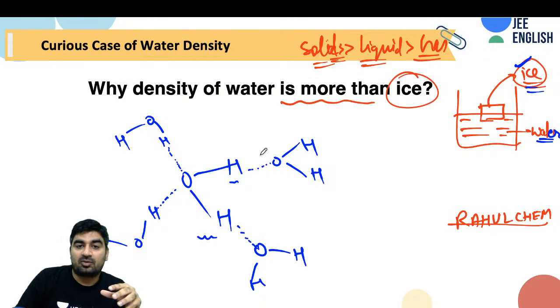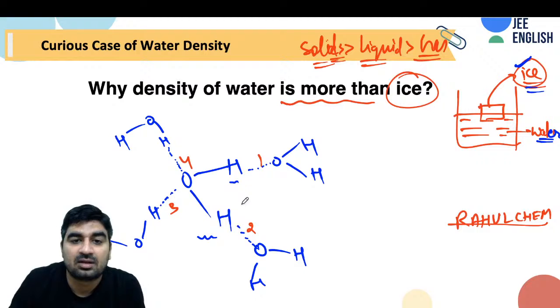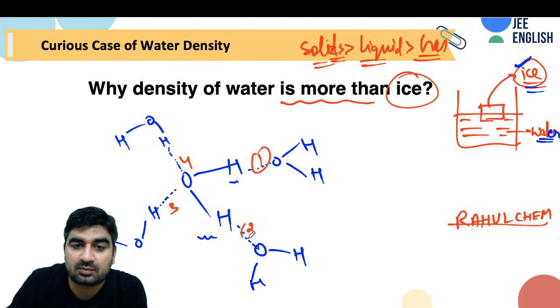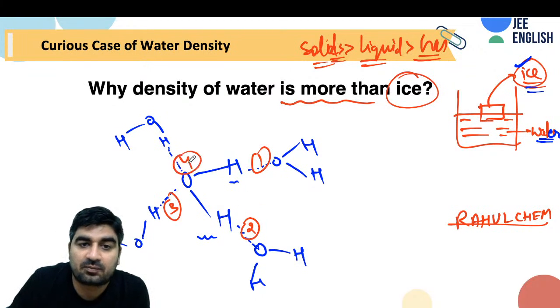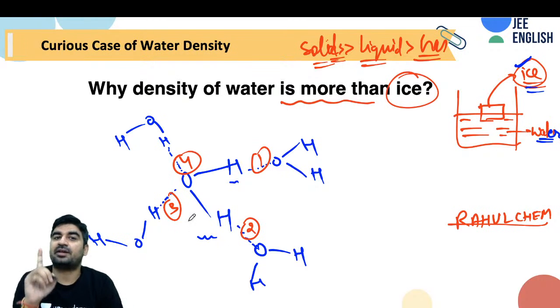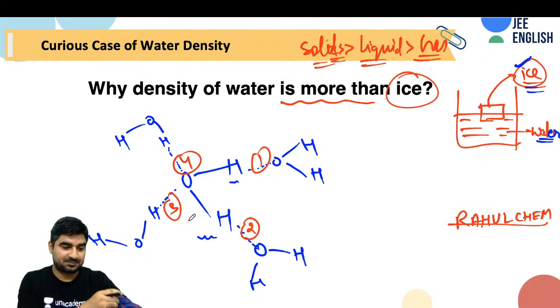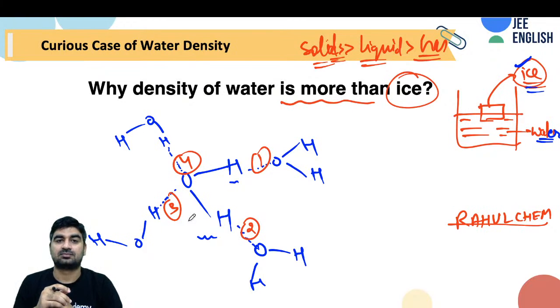So can you tell me how many hydrogen bonds it is making? 1, 2, 3, and 4. Got it? So one molecule is making 4 hydrogen bonds. Just observe it. Any doubt?